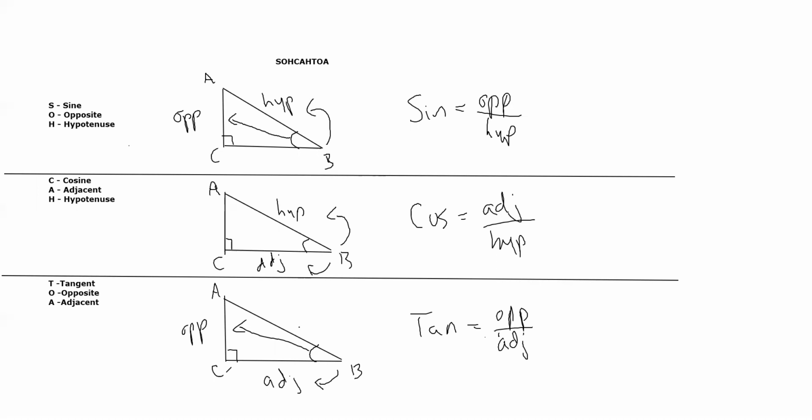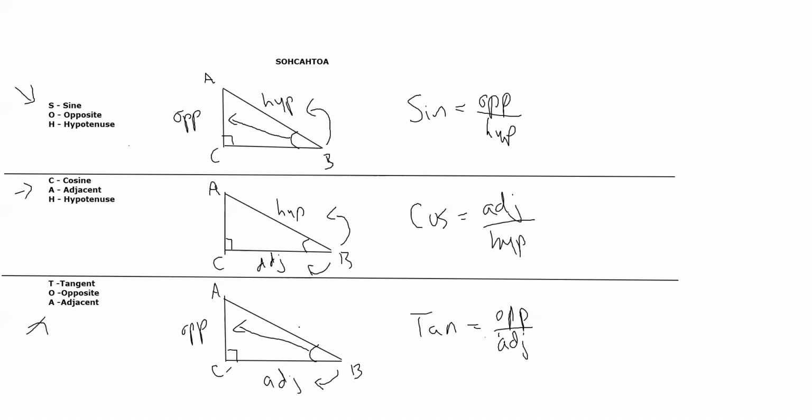Okay, so SOHCAHTOA is basically just abbreviations, so you can remember. Each one of those letters stands for something, and I have the letters here on the side. So if you're wondering, what was the formula for sine again? SOHCAHTOA, right?